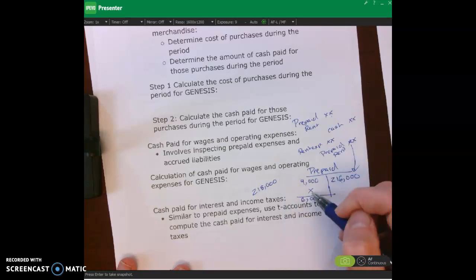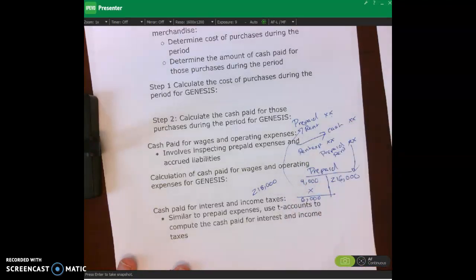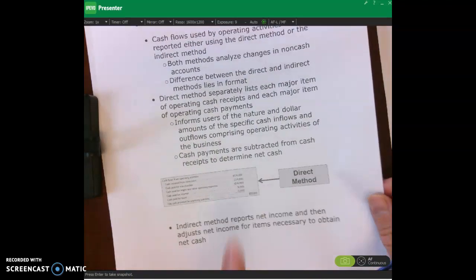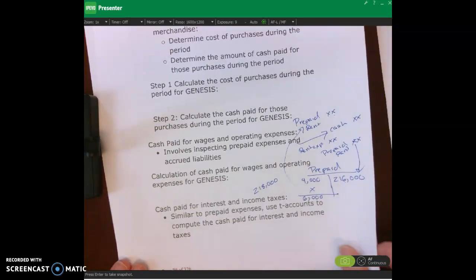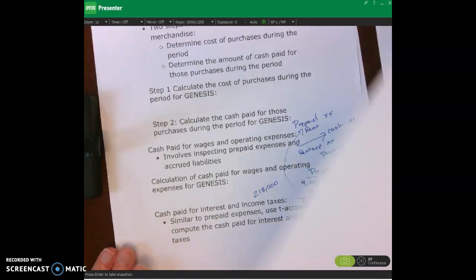So this debit over here is there, and then the credit goes to cash. So this is how much cash we paid for our wages and other operating expenses, which you can see right there of 218.